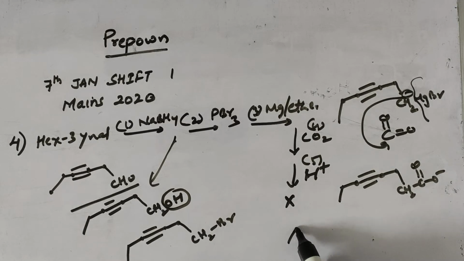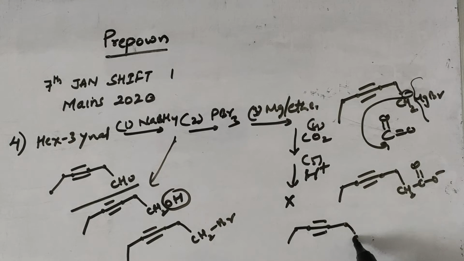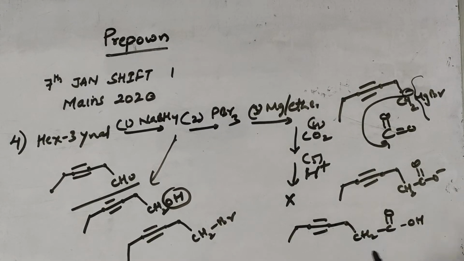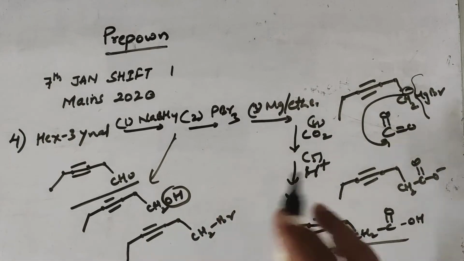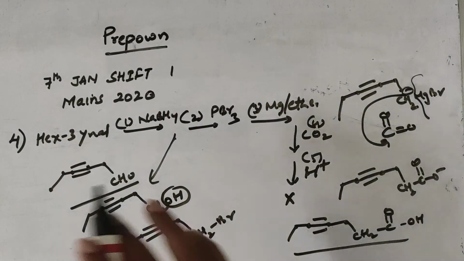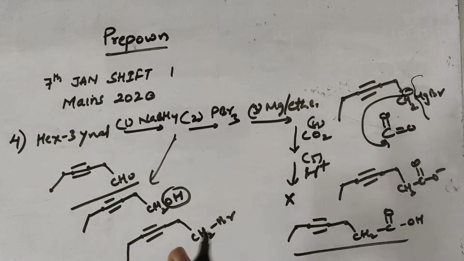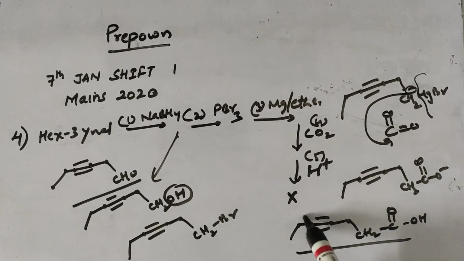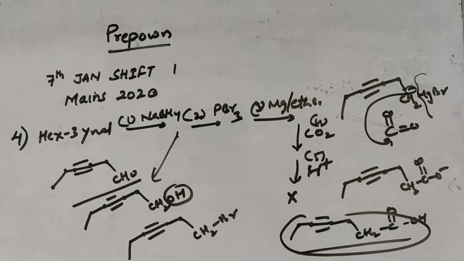So the final product X should be this. The question is a little bit lengthy, but it's pretty simple. Those who have practiced the conversions of different functional groups using different reagents well will be able to do it easily. So this final compound is X.